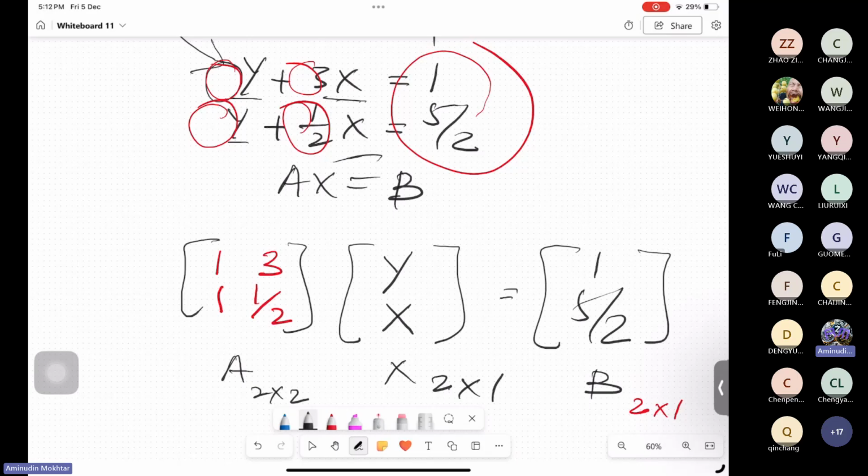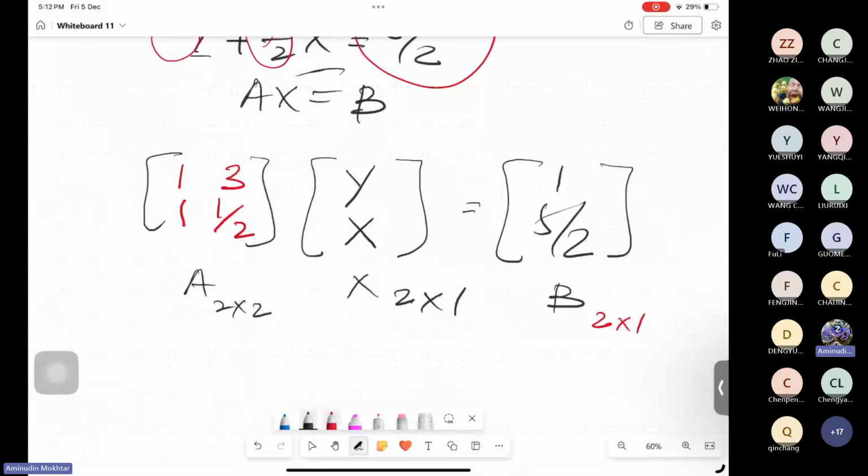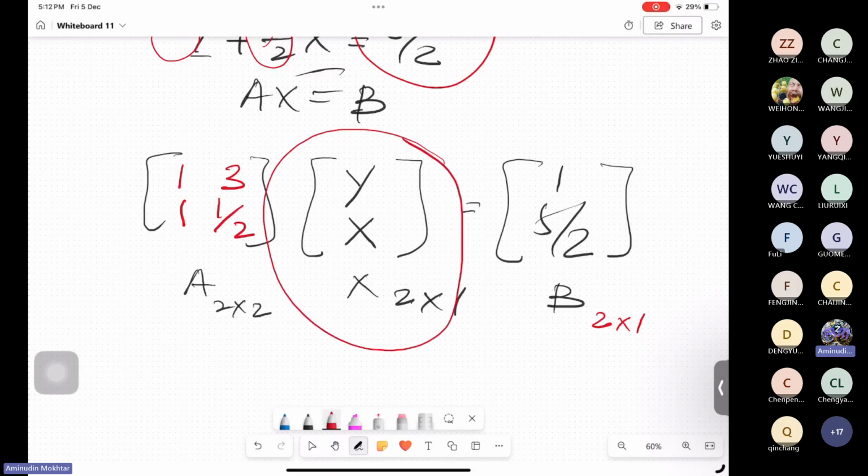So the next question is, what are y and x? We need to find the matrix of x. What is the value of y and what is the value of x? That's how to find the intersection of these two equations by using the matrix. In this case, we are going to apply the Cramer rule. What is the Cramer rule?